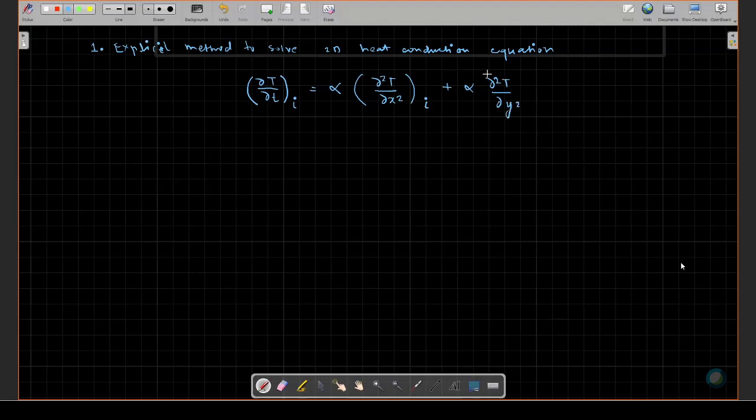Alpha is a constant, so it is constant at all i's. Okay, so this is what you have to do. And now in explicit, what we can do is use forward in time and central in space. Okay, so let us do that.